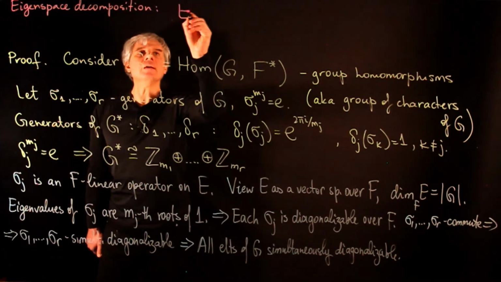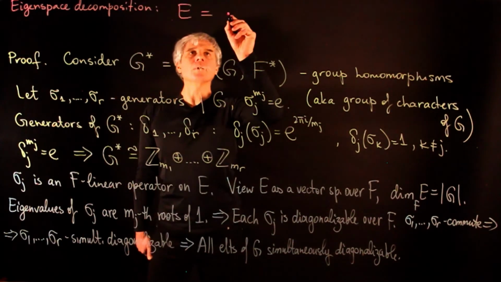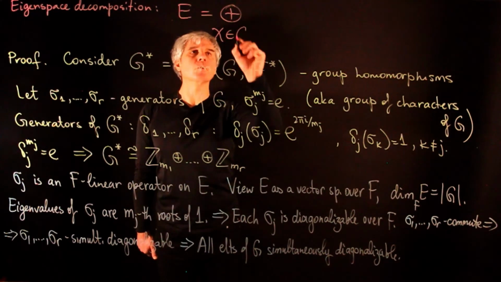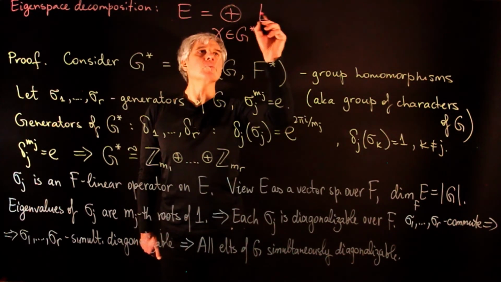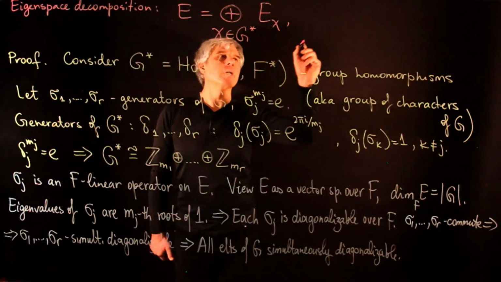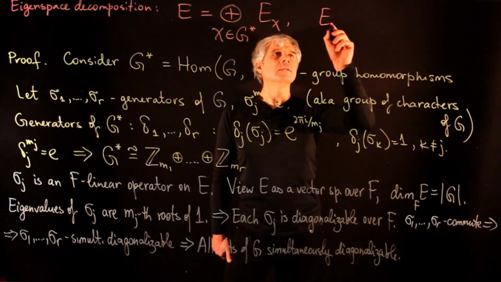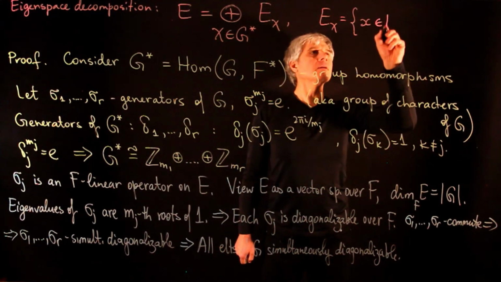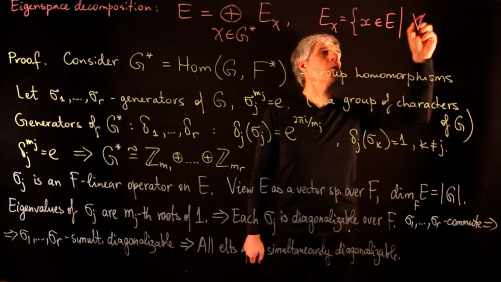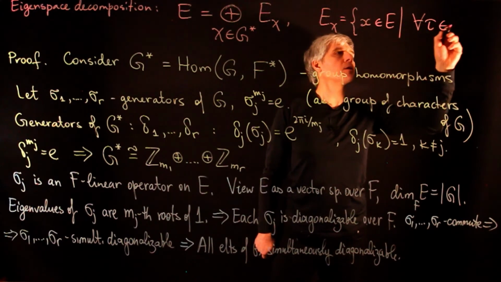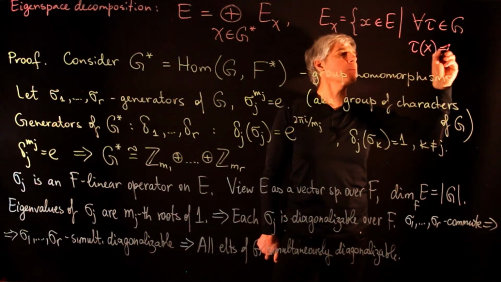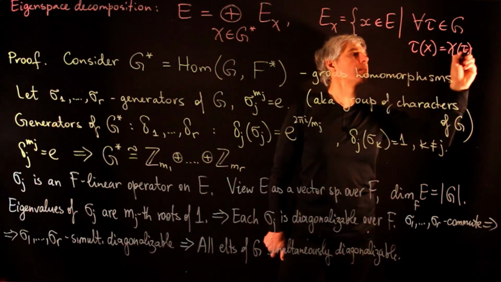So we'll get that E is equal to the direct sum over chi in the dual group of the spaces E chi, where E chi is the set of elements x from E such that for all tau in the Galois group G, tau acting on x is equal to chi of tau times x.